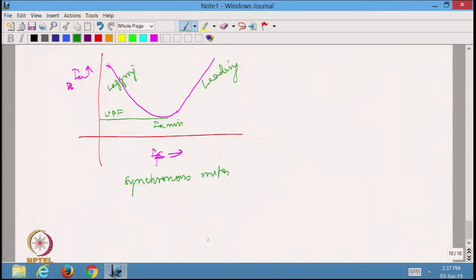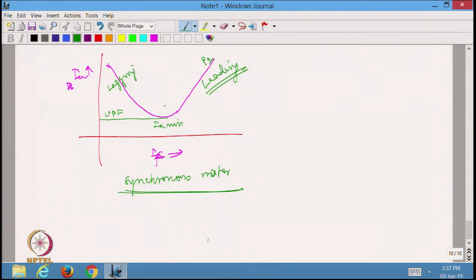So, the over excited or excessive excitation condition of a synchronous motor will always result in leading current. Let us say this corresponds to a particular power P1. If I increase the power further, I will again get some other armature current corresponding to that higher power condition.